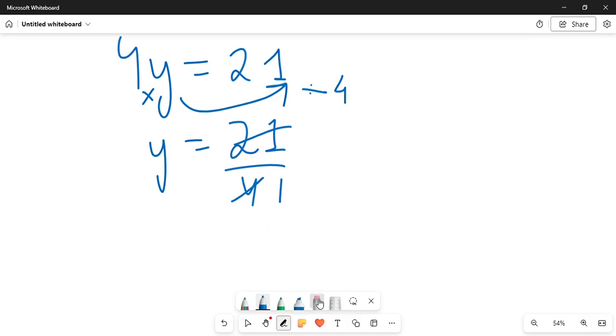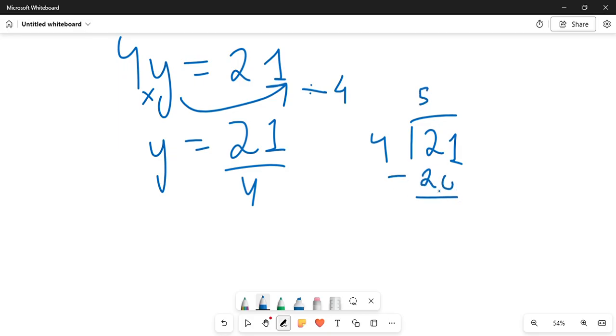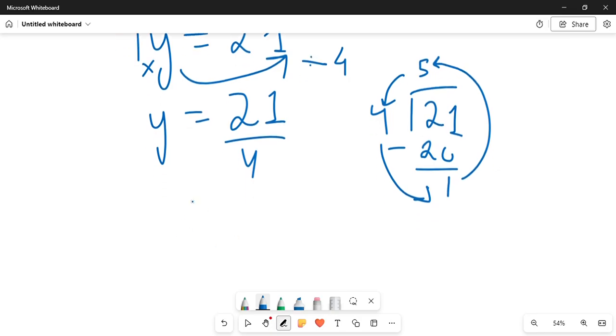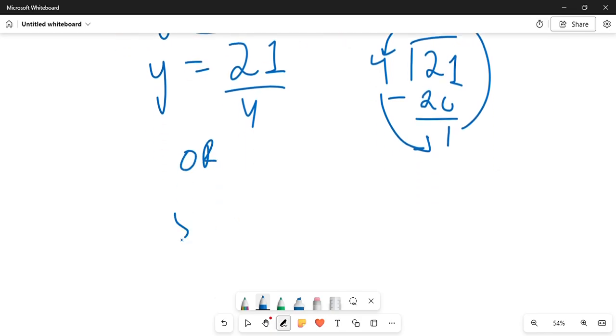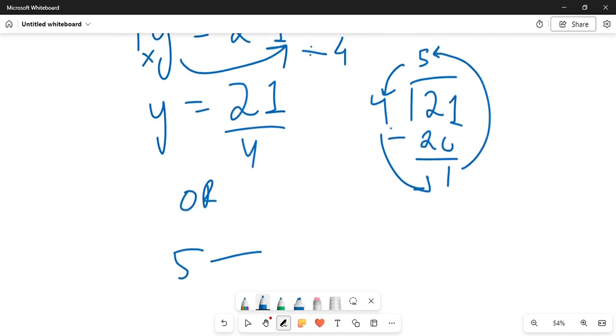So let's just erase this part. 4 fives are 20, so minus, we get 1. Again, the same rule: this moves up, this moves here, this moves down. We can write it as 5 whole, 1 by 4. 4 moves down and 1 moves up. So 5 whole.